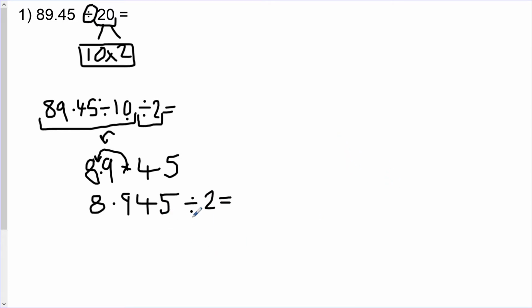Now we should know that when we are dividing, we use a formal method, the bus stop method. And we should remember a saying, inside out. So the first number goes on the inside of the bus stop, and the second number goes on the outside of the bus stop. Inside, out.